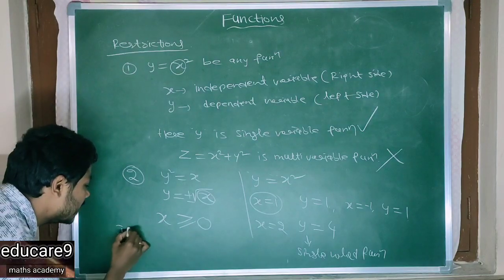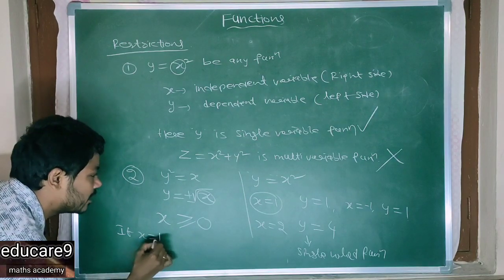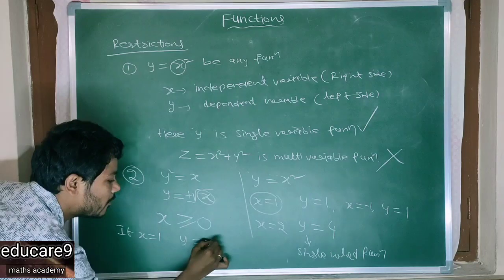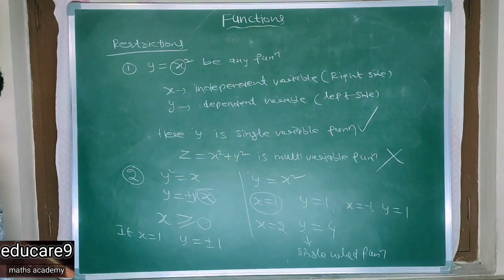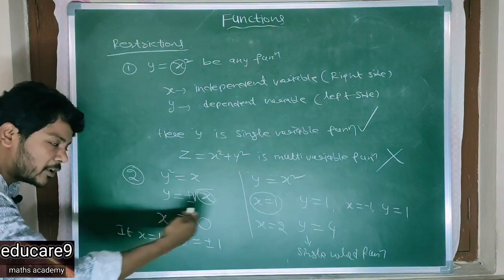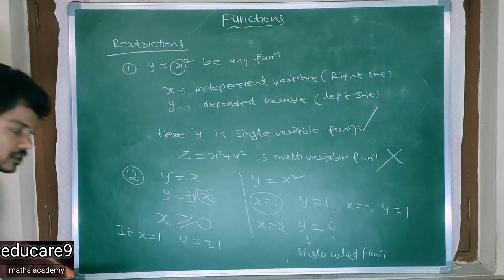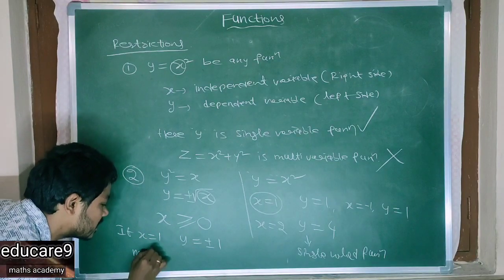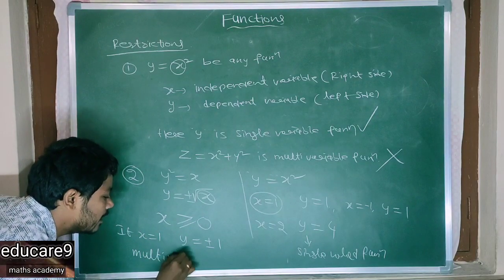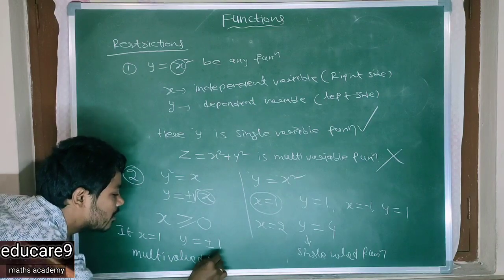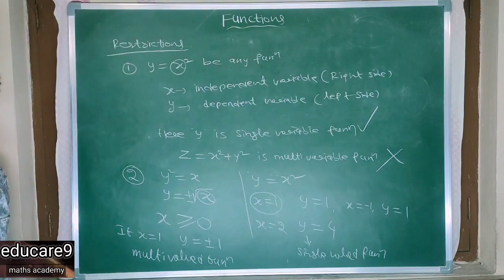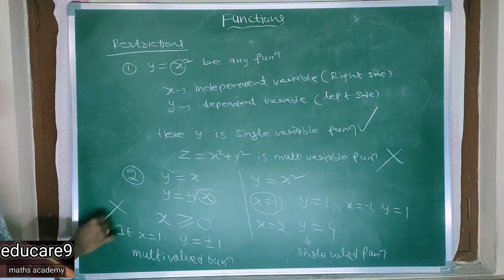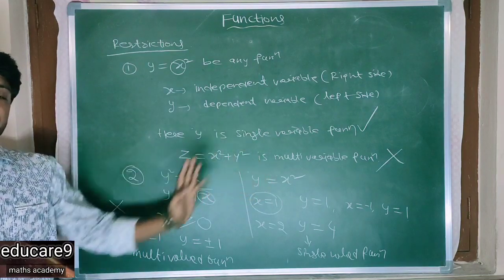If x is equal to 1, what is the y value? Plus or minus 1. Means 1 is mapped to 1 and minus 1. So this is a multi-valued function. So this is not possible, because 1 is mapped to 1 and minus 1.